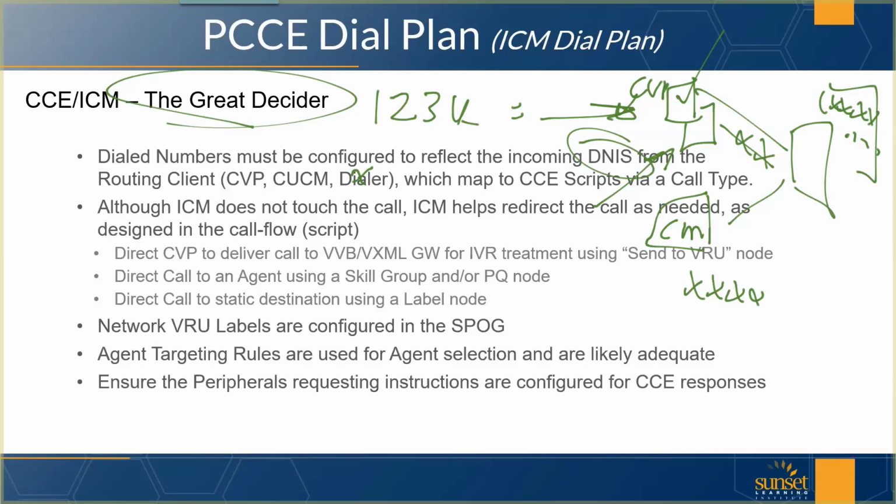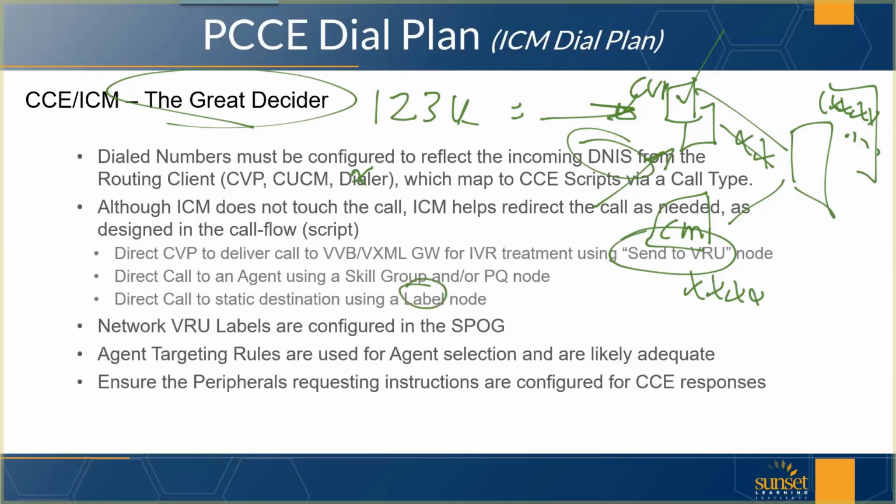It'll do that using something referred to as the send to VRU node, something we'll look at a little later in this session. It might direct a call to an agent directly, or to an agent using a skill group or precision queue, or it might send the call to a help desk number or something of that nature using a label node.